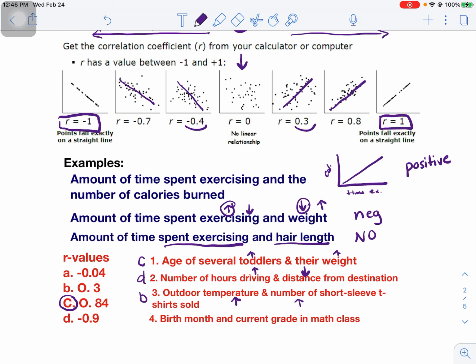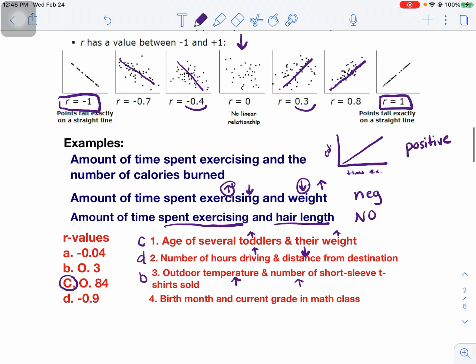And the last one, kind of by elimination, we are going to know what this one is, but the birth month and the current grade in class. So if we think about that, the birth month that we have, say March, and the grade I am in class.